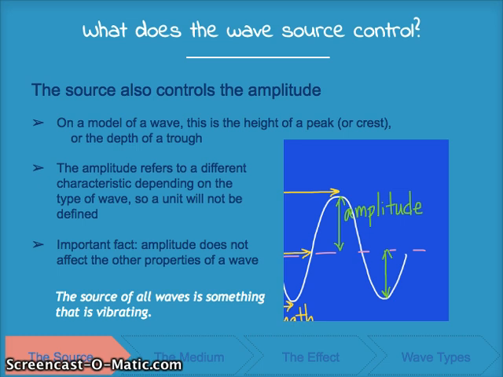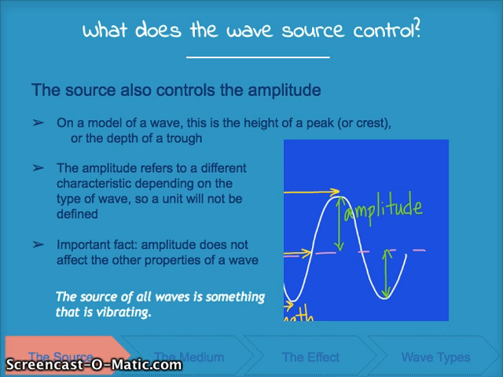It's important to recognize that in our formulas you won't see amplitude written, because amplitude does not affect the other properties of the wave. You can have a very soft sound or a very loud sound that sounds the same in terms of its pitch.